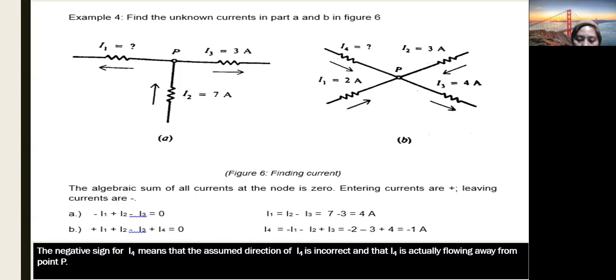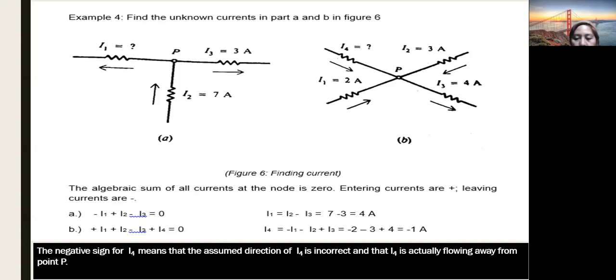Again, negative 2 minus 3 is negative 5. Add 4, so it's negative 1. The negative sign for I4 means that the assumed direction of I4 is incorrect, and that I4 is actually flowing away from point B.